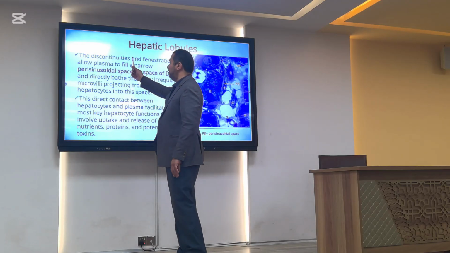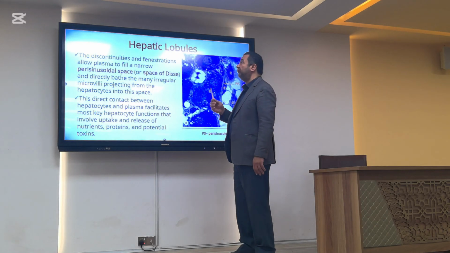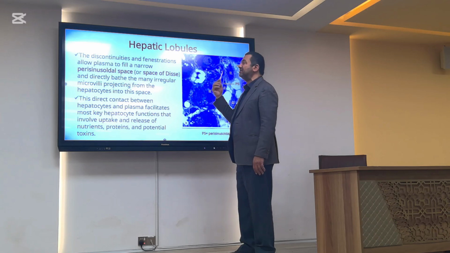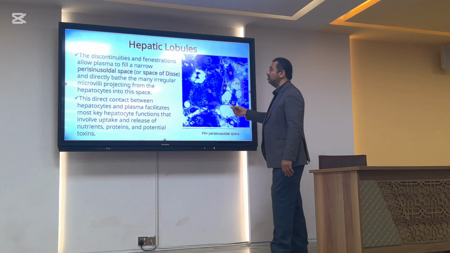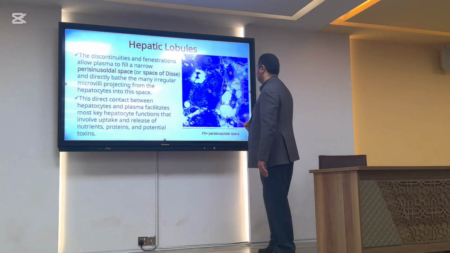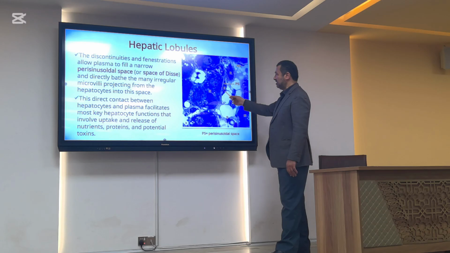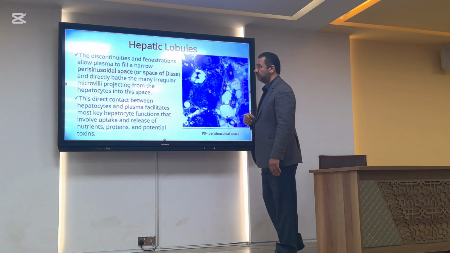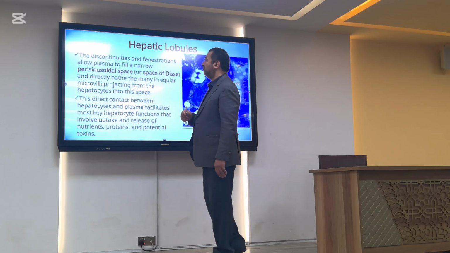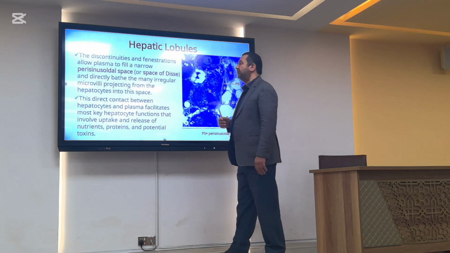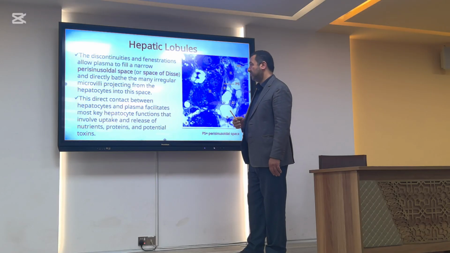The discontinuities and fenestrations allow plasma to fill a narrow perisinusoidal space, or space of Disse. And there are many irregular microvilli projecting from the hepatocytes into this space of Disse.